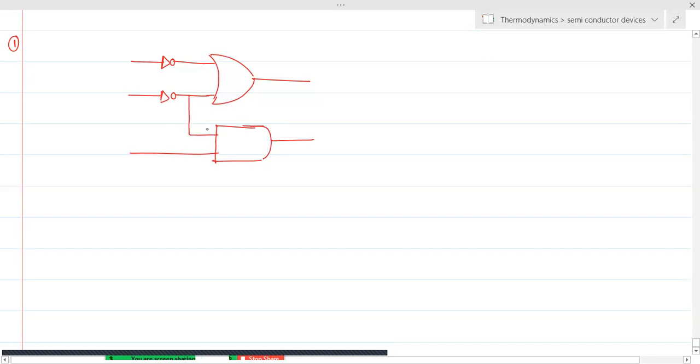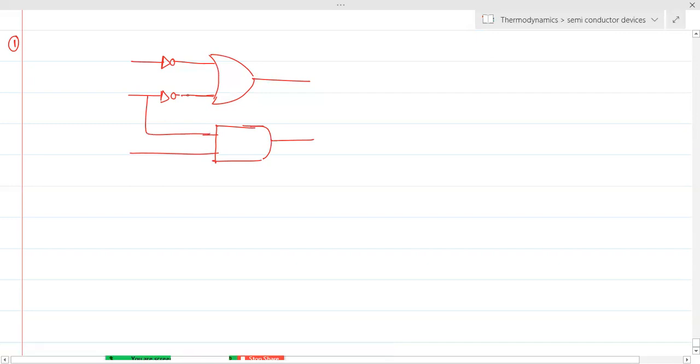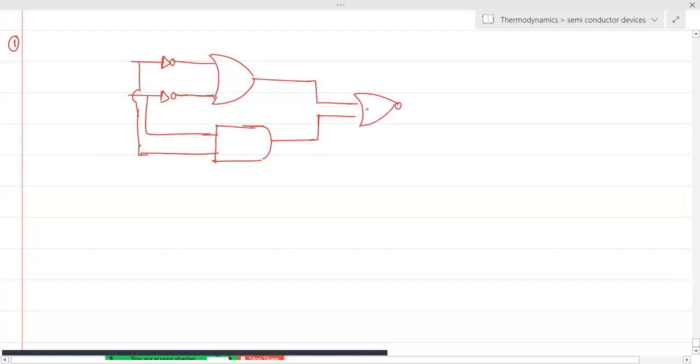So this is also NOT. And the same is connected. Now finally these two are connected to a NOT gate.